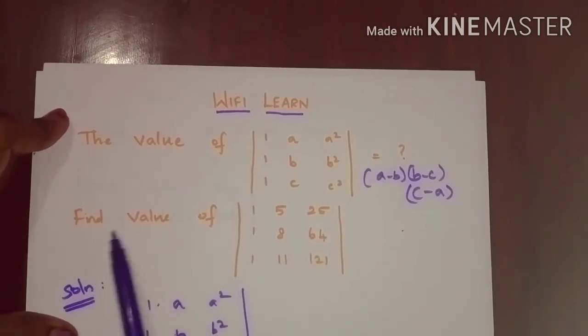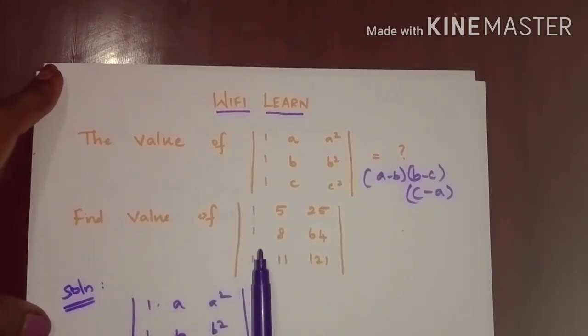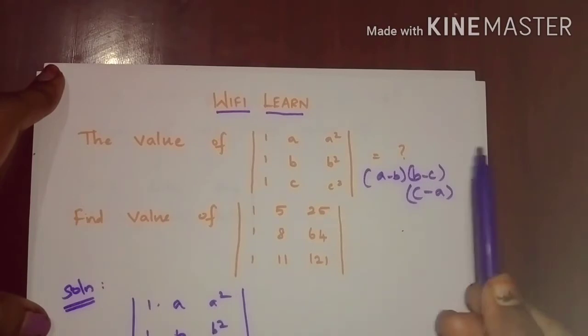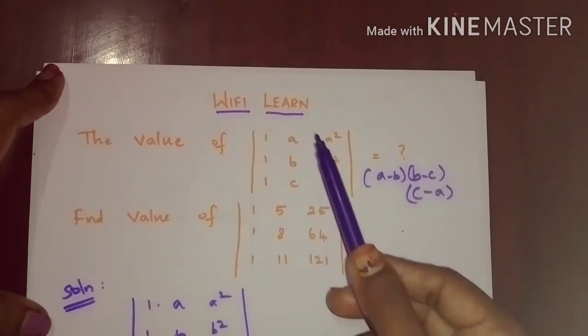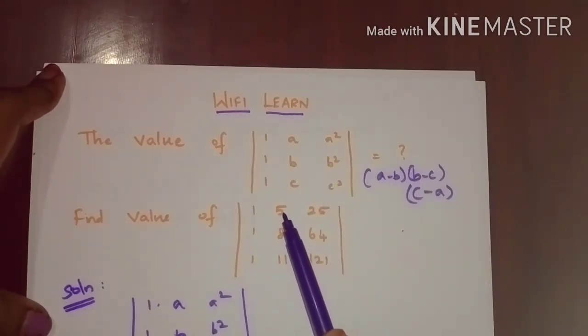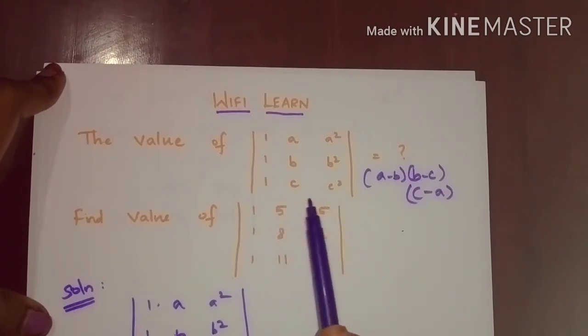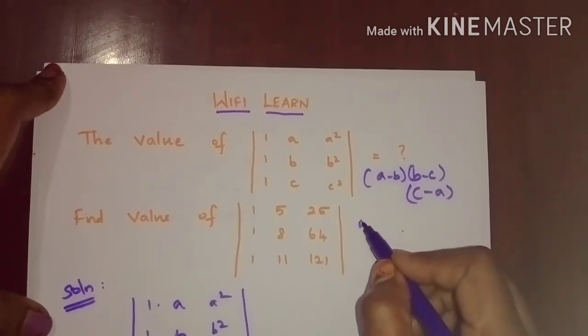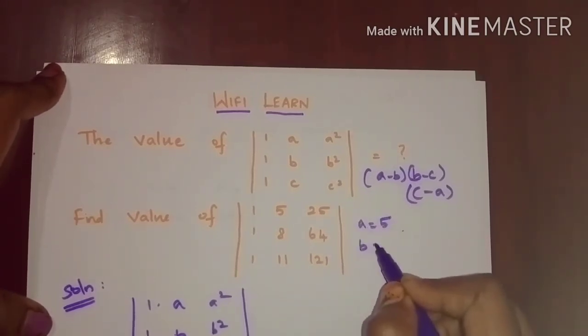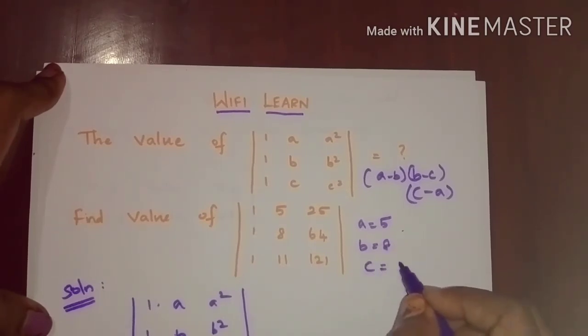We can find the value of this determinant easily by substituting the values of a, b, c. Since a, b, c are in the second column, the a value would be 5, b value would be 8 and c value would be 11, and the corresponding squared values are in column 3: 5 square is 25, 8 square is 64, 11 square is 121.